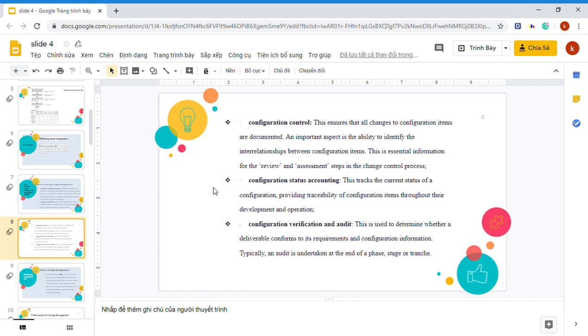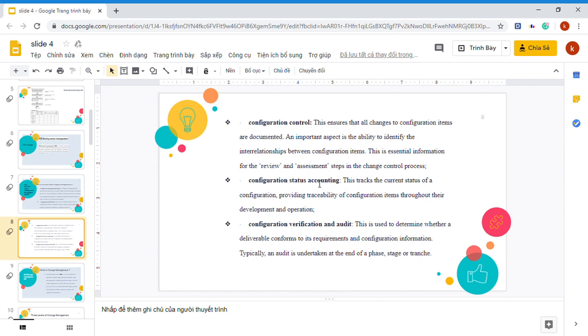This ensures that changes to a configuration item are documented. An important aspect is the ability to identify the interrelationships between configuration items. This is essential information for the review and assessment step in the change control process.